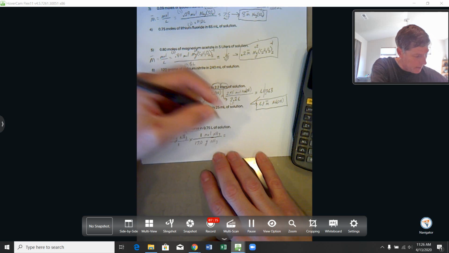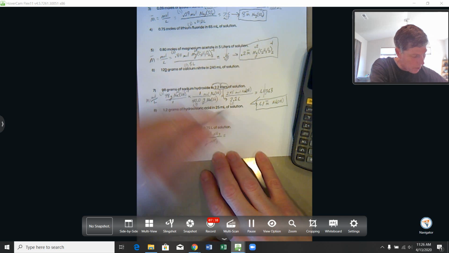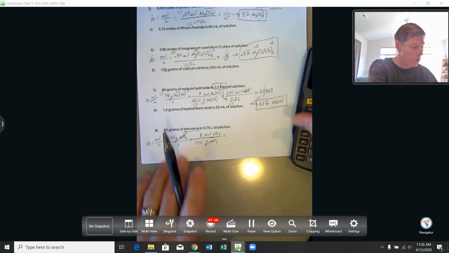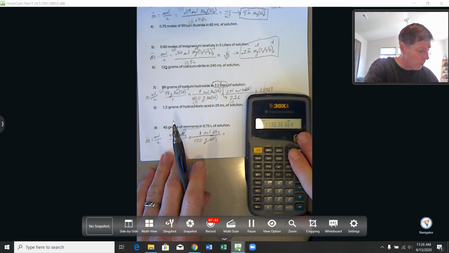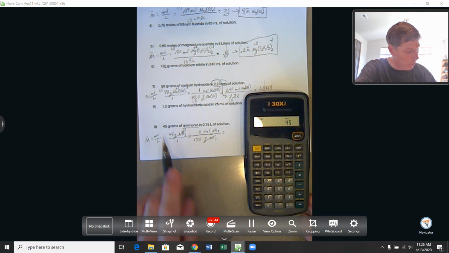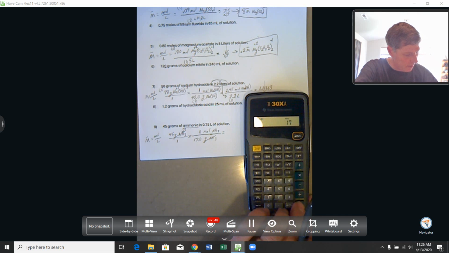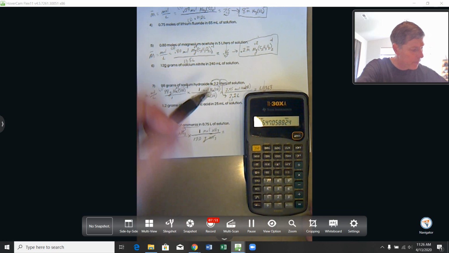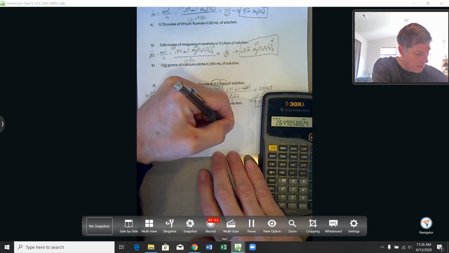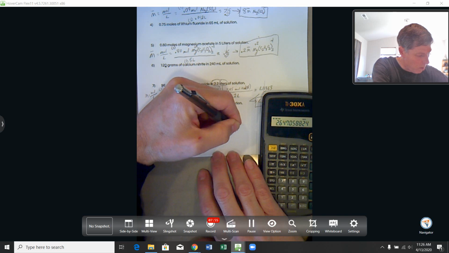So at this point, grams of NH3 are gone. I'm in moles of NH3, which is where we're looking. So I'm just going to go 45 times 1 divided by 17.0. And that's going to give me 2.6471.